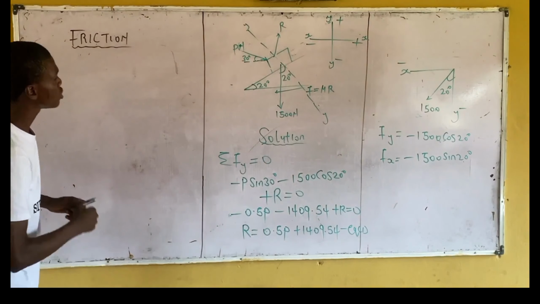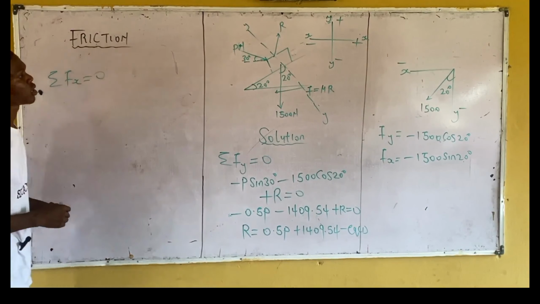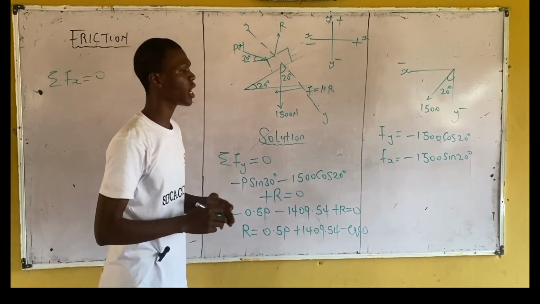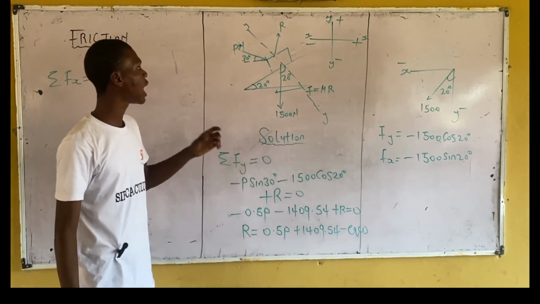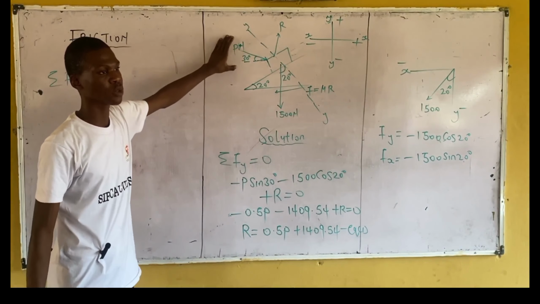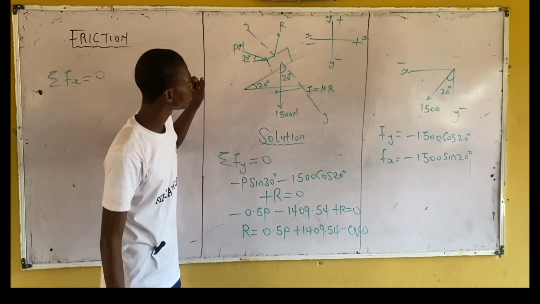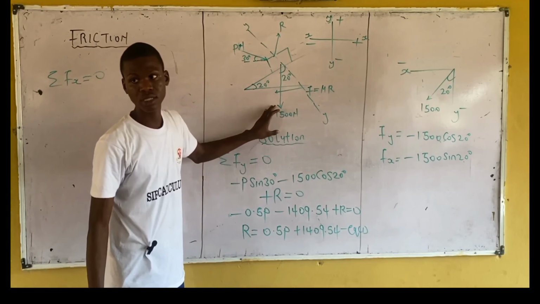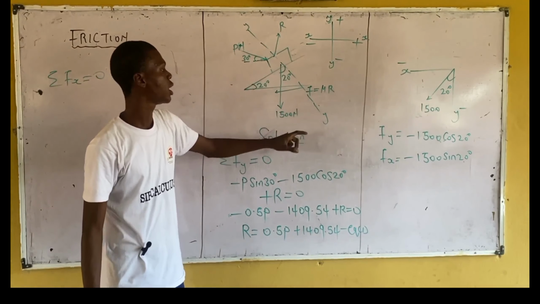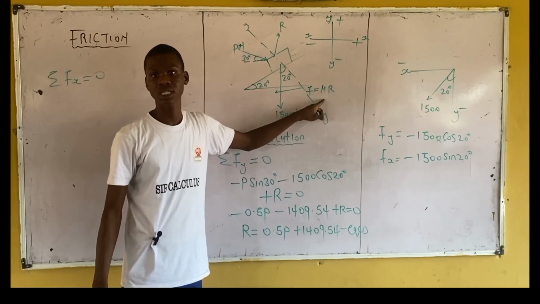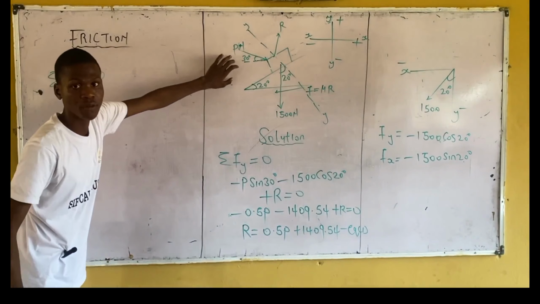For summation of F of x equals 0, same idea. Identify how many horizontal forces you have. From here, I have 3. I have this P Newton, which I can resolve to the horizontal component. I have the self weight of this block, which I can also resolve to the horizontal. Then I have this frictional force, which is acting horizontally. Now let's solve. For the first one, we've solved it earlier.